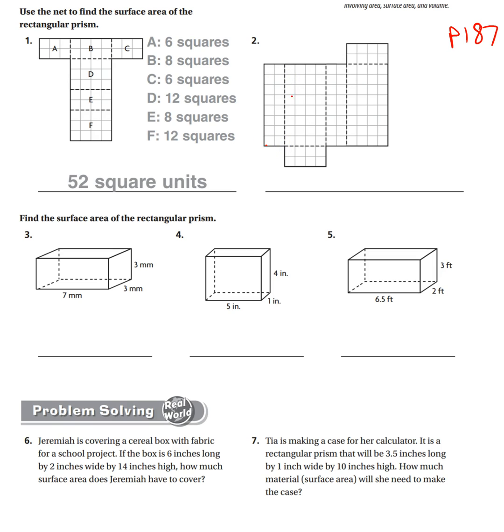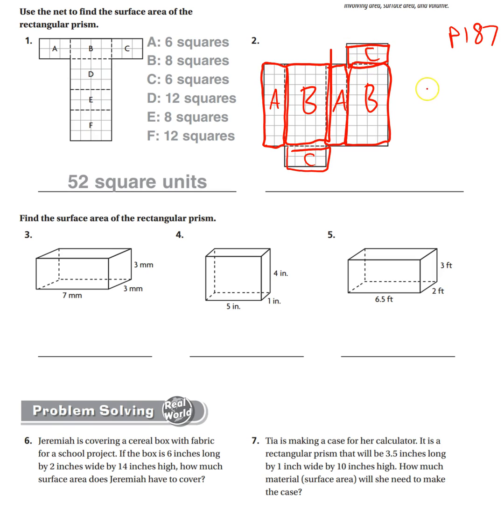Another way is to find the area of each rectangle. And remember, this rectangle is going to have the same area as this rectangle. These are the two sides. The bottom is going to have the same area as the top. And then the front and the back, these two are going to have the same area.